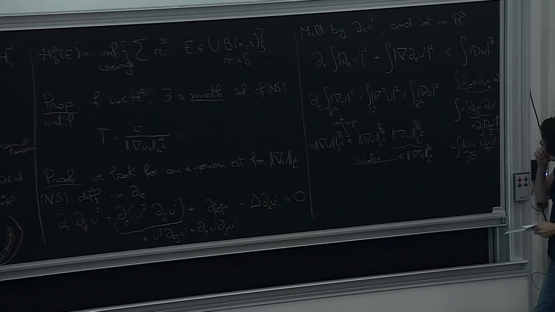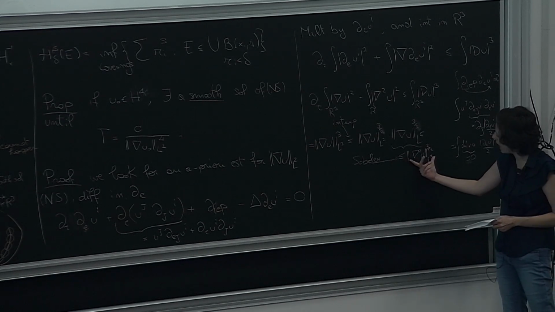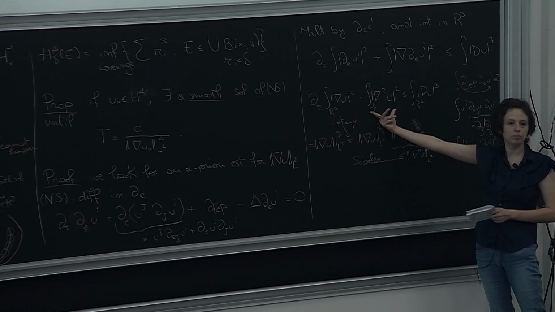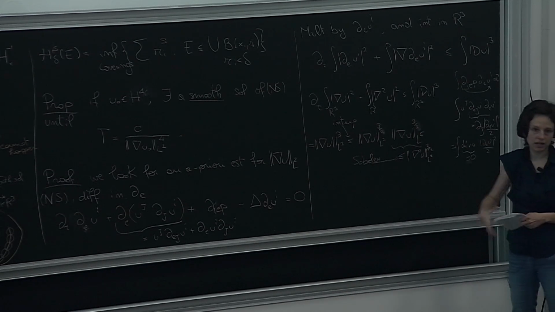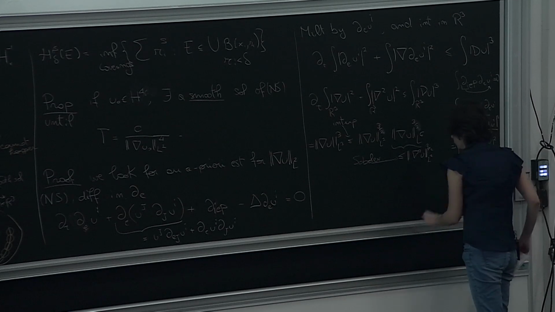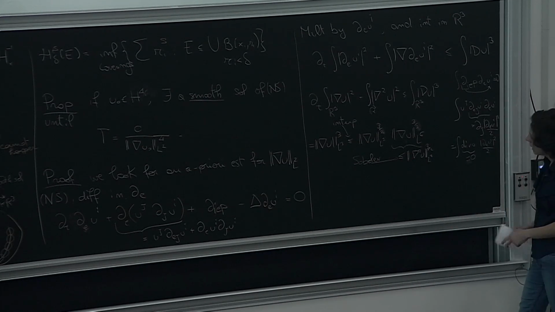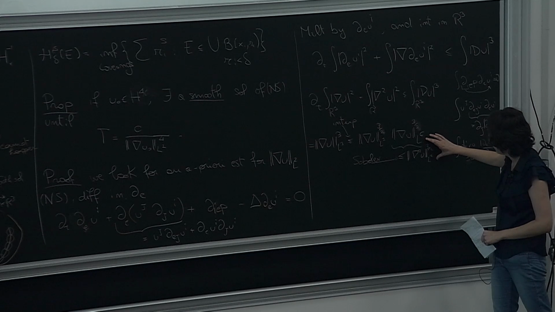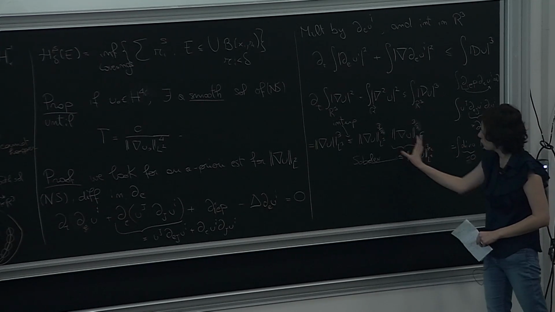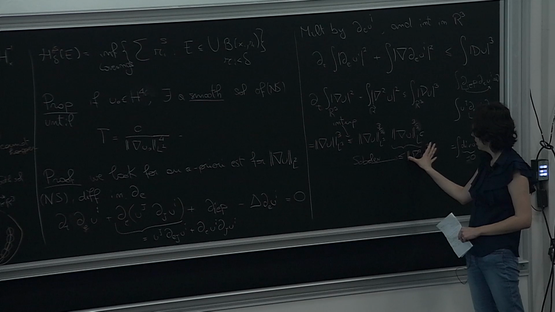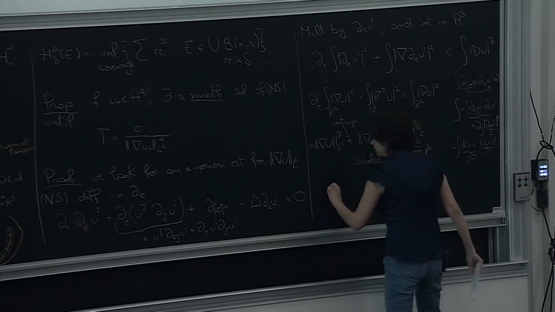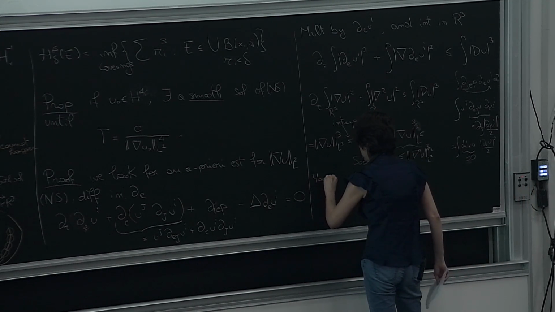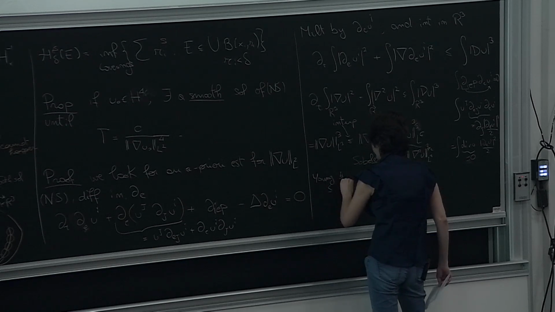And now the point is, okay, this to the power 3/2, I want to reabsorb in this term. The rest will remain as it is. To reabsorb this one, I need to apply, so now I have these two numbers. I want this to the power 4/3 to end up exactly with this quantity. So now I apply Young with exponents 4/3 and 4.